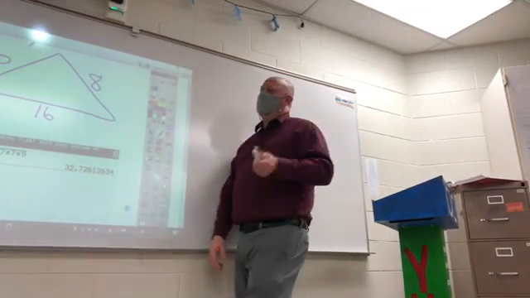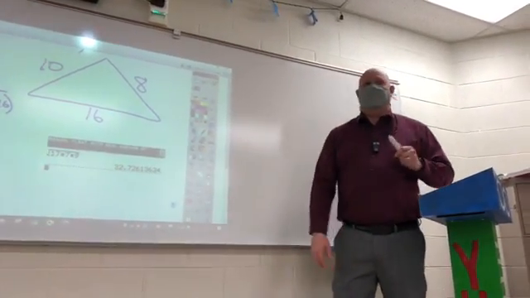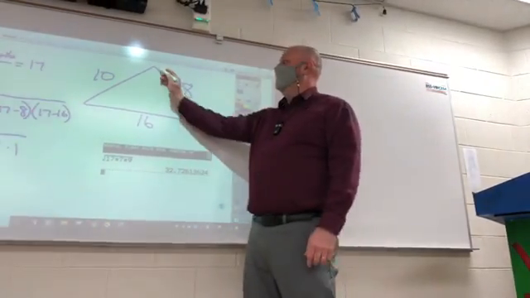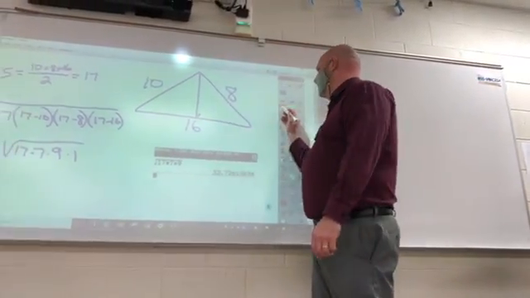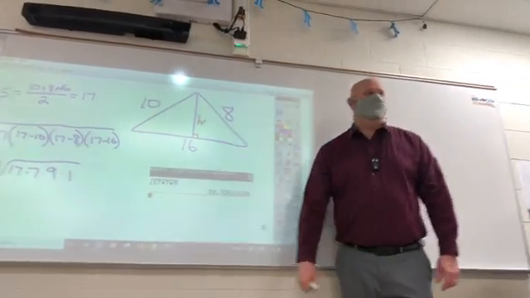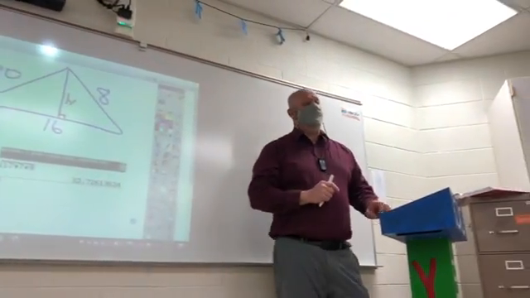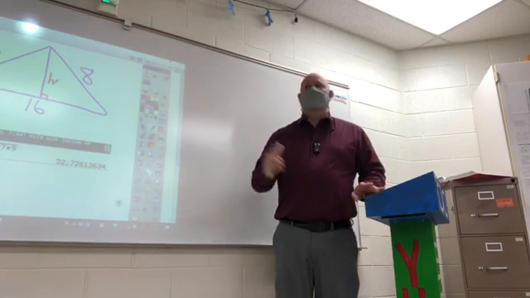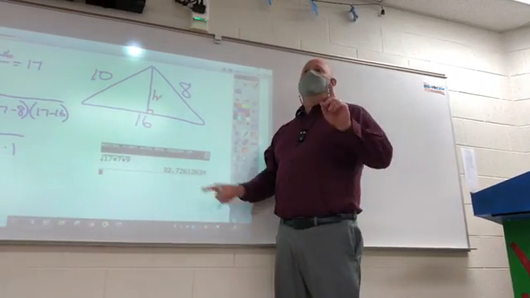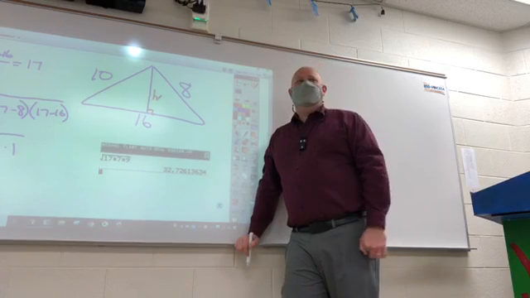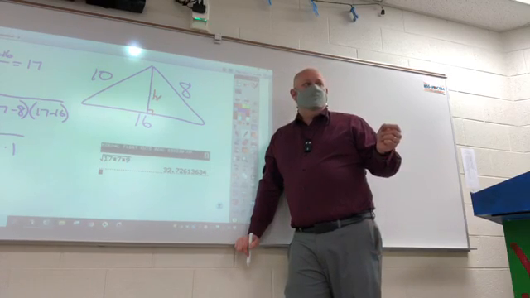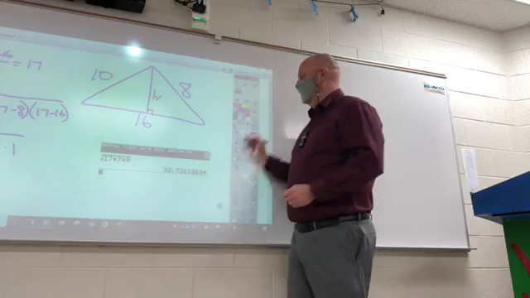What his formula also is a really nice use of now, let's say I want to find that height. Let's say I want to find that altitude right there. That goes to the 16, right? Is it easy to find the area? What is the basic formula for area of a triangle? Area equals 1/2 base times height.